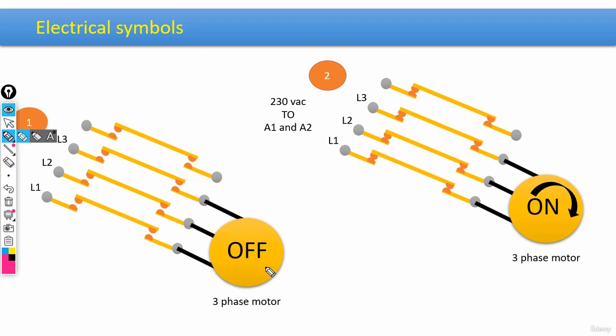Now, when the bobbins are getting activated, more specifically, the A1 and A2 terminals are getting activated through connecting a voltage to them, like 230, the terminals are getting connected. And I told you, L1 would be connected to T1, L2 to T2, and L3 to T3. And this would start up the motor.